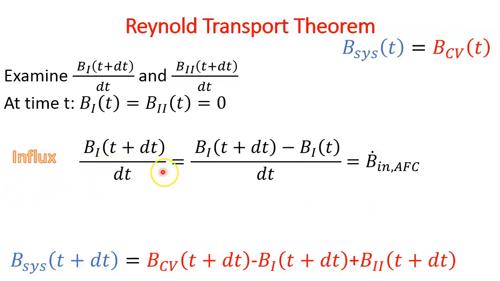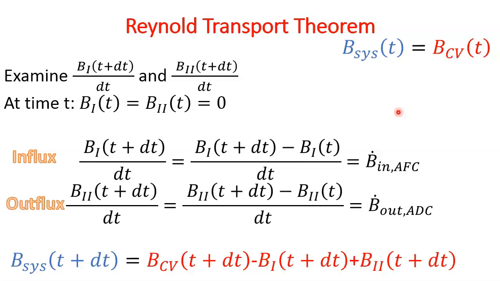We can write B1 at t plus dt minus B1 at t, because B1 at t is 0, and that fits this equation to represent in the form of derivative B dot in AFC surface. This dot indicates the time rate of change of the extensive parameter B because of influx.